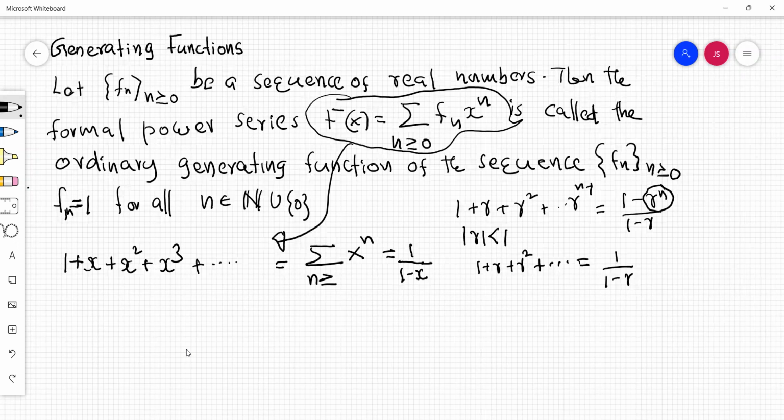Say Fn is equal to 1 over factorial n, for n greater than or equal to 0. Again, it's a very familiar one.